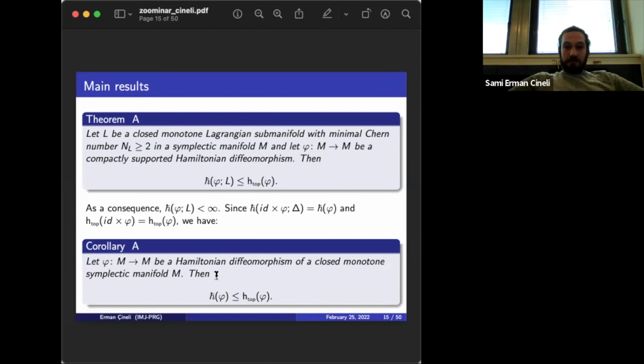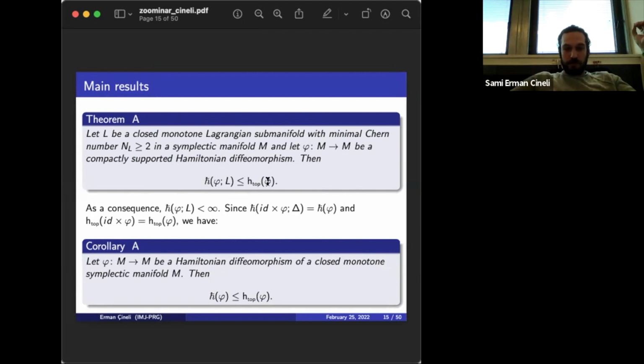We just apply theorem A to identity times phi relative to the diagonal, and we use the additivity of topological entropy. Entropy of identity is 0, so we get corollary A. So these are our results when we bound barcode entropy from above by topological entropy.